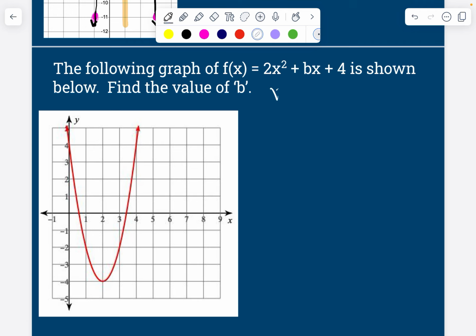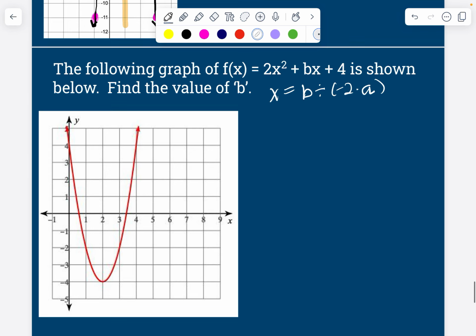So we're going to use the fact that the x value of our vertex is b divided by negative 2 times a. Since we're going to use that to solve an equation, we're going to write it like this, b divided by negative 2 times a. If I look at my vertex here, it's at 2, negative 4. The x value of my vertex is 2. My a is 2.